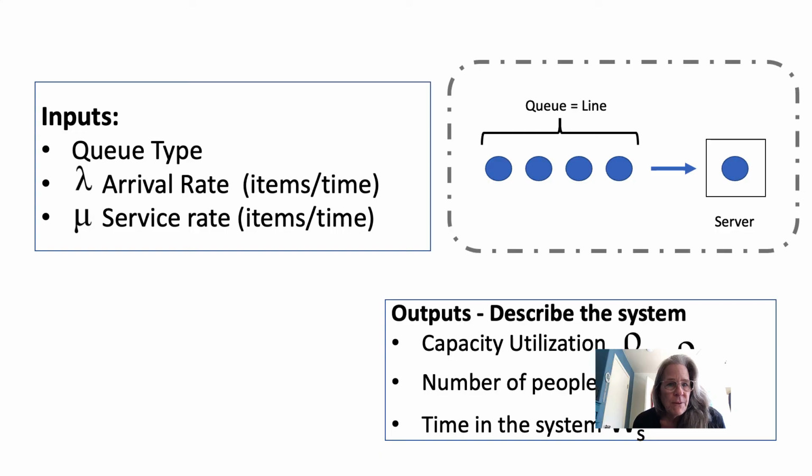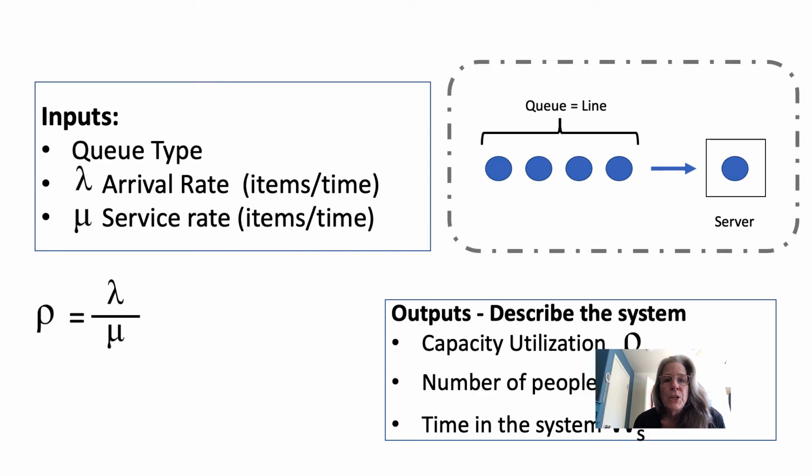There are actually a lot of ways to describe the system, but examples are we can talk about the capacity utilization, we can talk about the number of people in the system, we can talk about the time that people or items spend in the system.